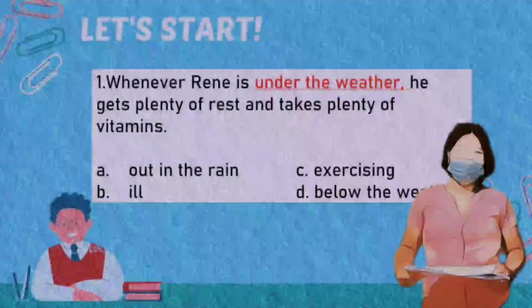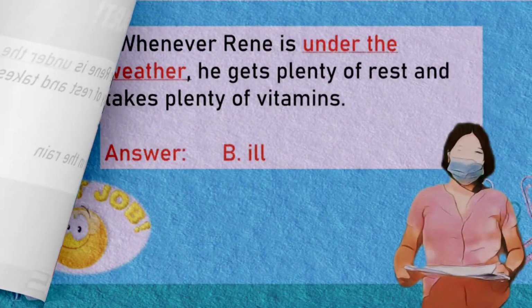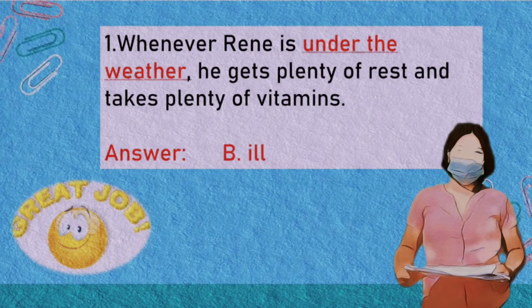B. Ill. C. Exercising. D. Below the weather. Try to look at the underlined words and find the best answer on the choices given. After reading it, I want you to answer directly in your activity notebook. And right after the question, you will see the correct answer flash on the screen.